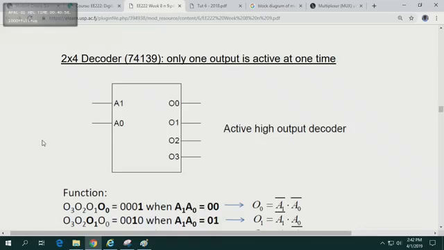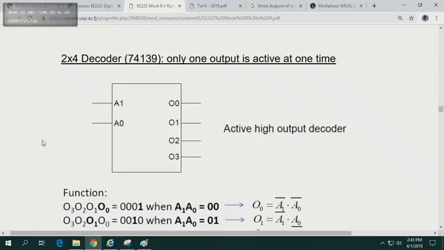So let me give you a practical example. Let us say you have traffic lights. Let's say in Fiji there's 4 traffic lights. You've got green, orange, red, and blue.